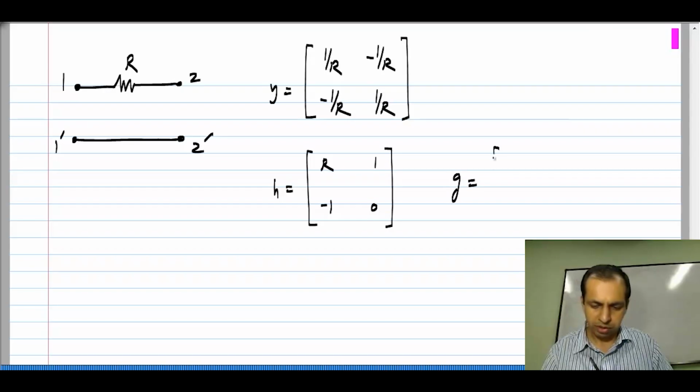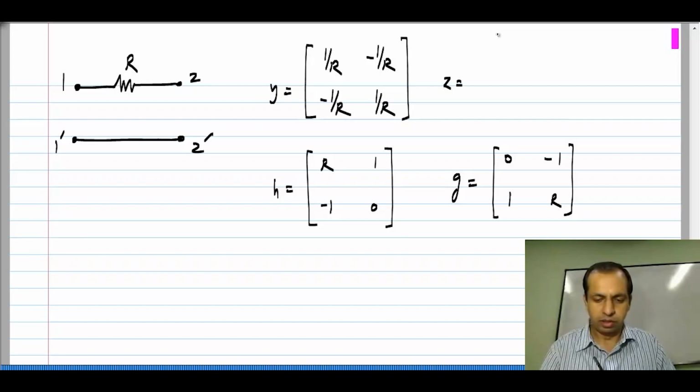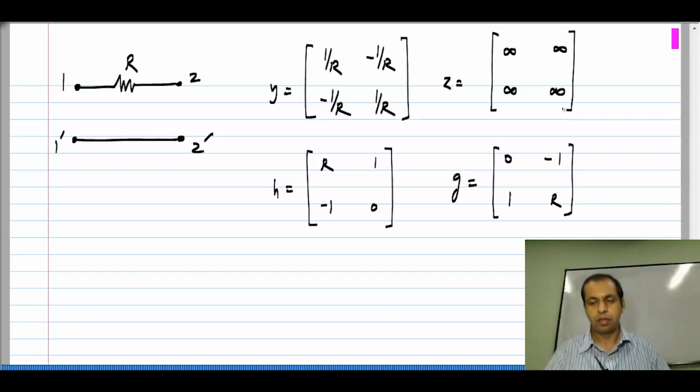The G parameters are 0, minus 1, 1 and R. But if you do try to calculate the Z parameters, all of them come out to be infinite.